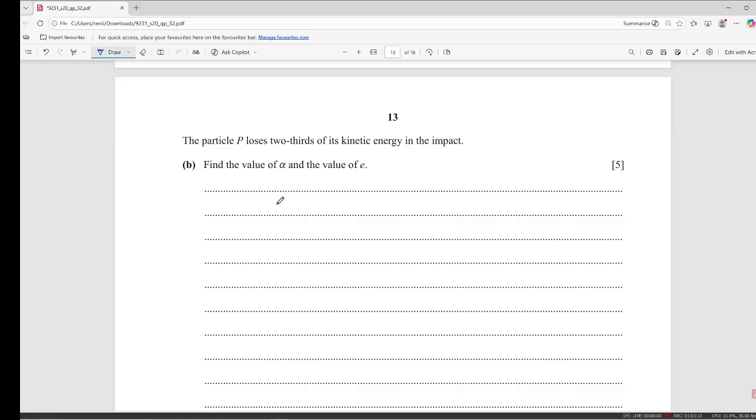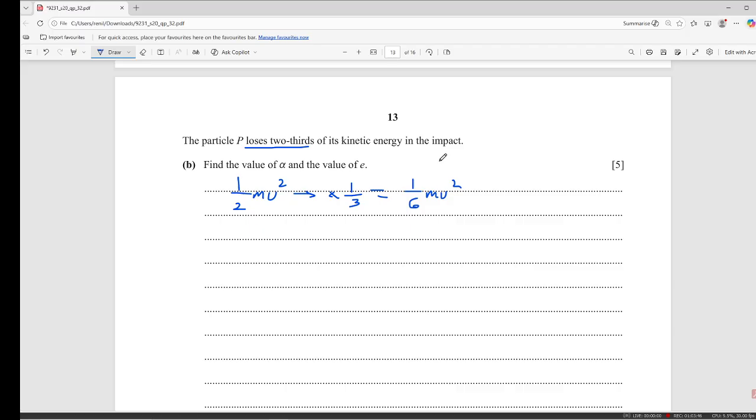Moving on, particle P loses 2/3 of its kinetic energy at impact. Before we even try to find alpha and E, understand that it has a kinetic energy of half m u squared. Losing 2/3 means it keeps only 1/3 of it. So now its kinetic energy is half m times u squared over 3. That's what losing 2/3 of its kinetic energy means.